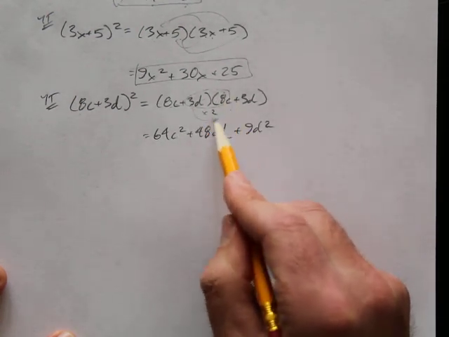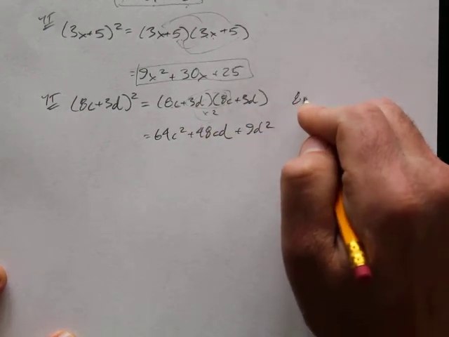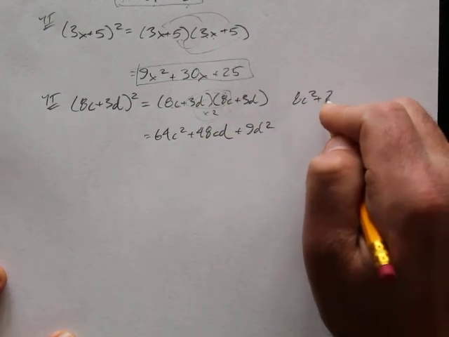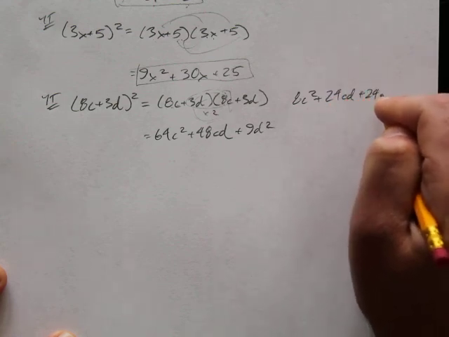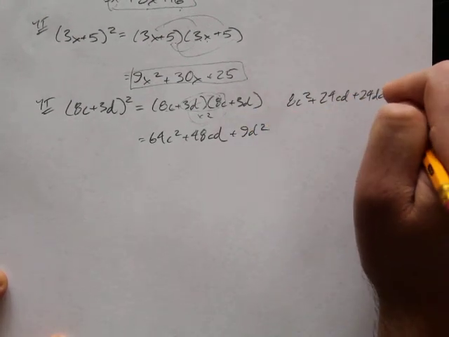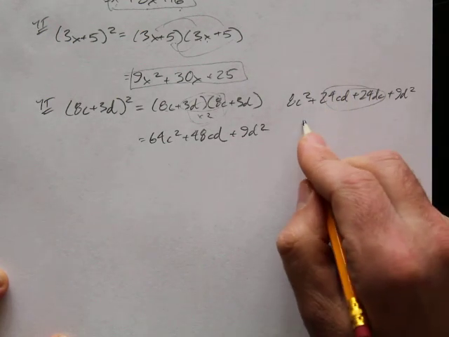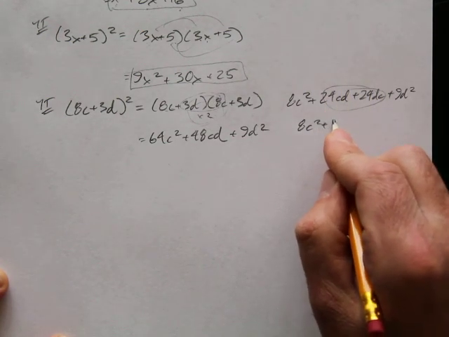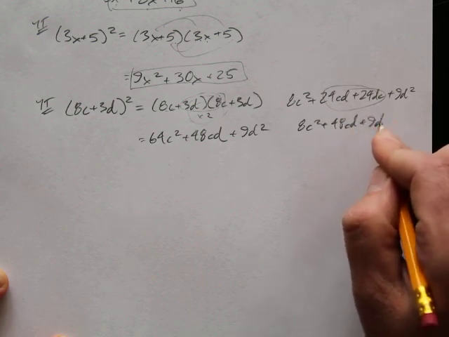Now, if you don't want to deal with this, just FOIL it. You would end up with 64c squared plus 24cd plus 24dc plus 9d squared when you FOIL it. And then you just combine these two like terms, 64c squared plus 48cd plus 9d squared.